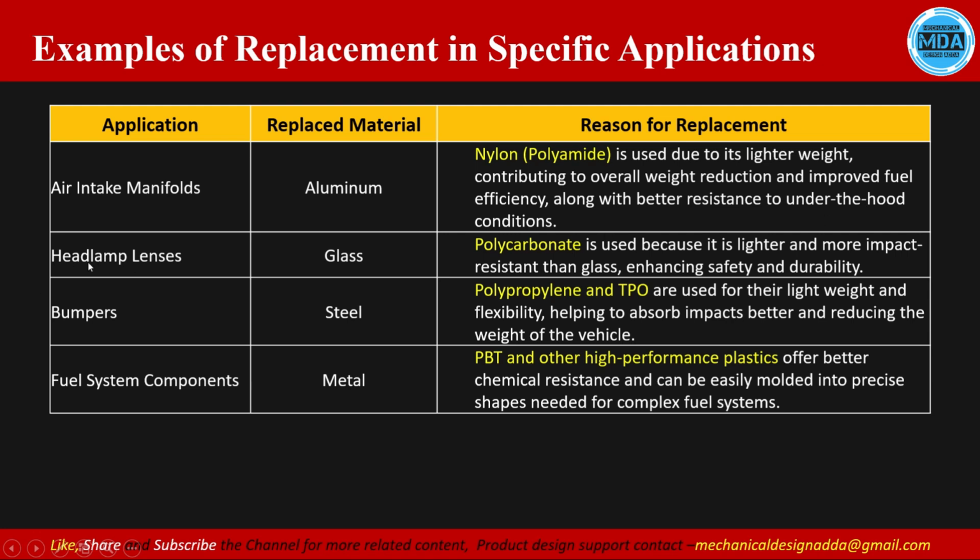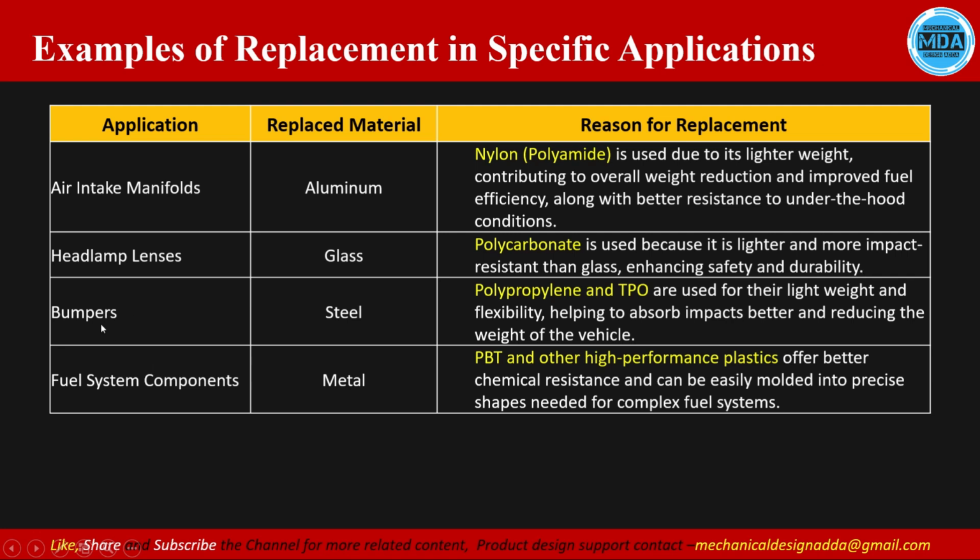And now the glass headlamp lens we are replacing with polycarbonate. The material we are now using for headlamps is polycarbonate. It is used because it is lighter and more impact resistant than glass, and it enhances safety and durability.